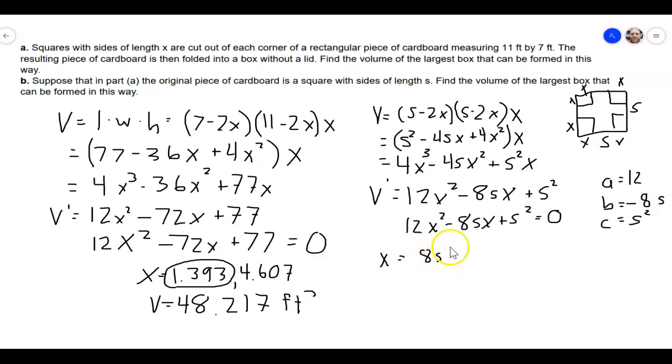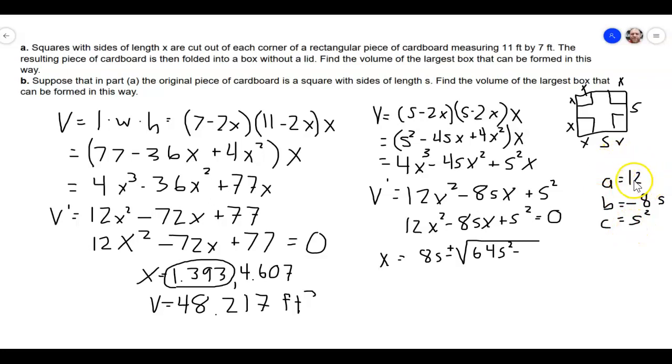So that's 8s plus or minus the square root of b squared. So that's 64s squared minus 4 times a times c.